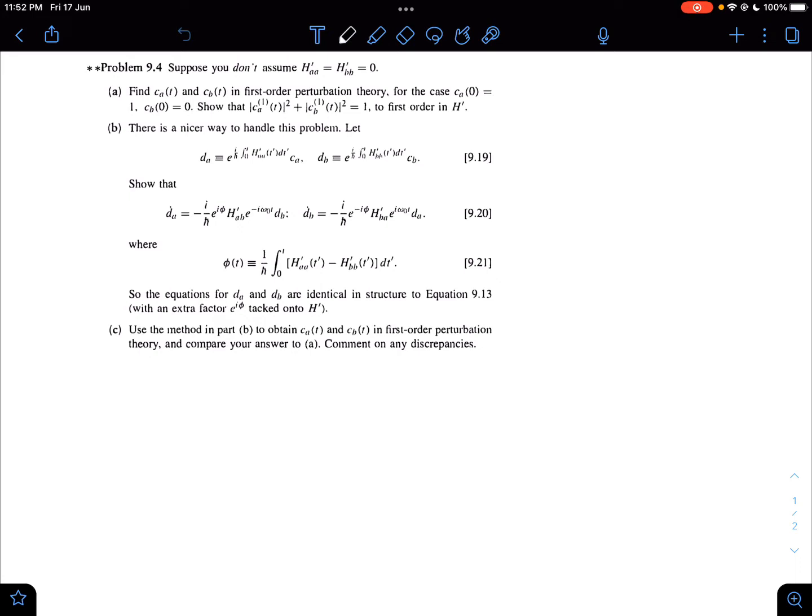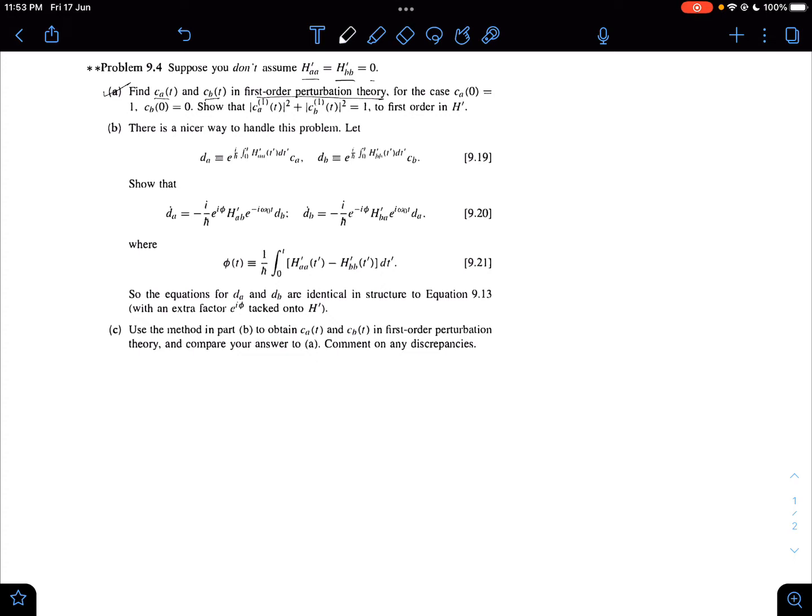This problem states that you don't assume H_AA prime and H_BB prime to be zero. In the previous video, while discussing time-dependent perturbation theory, we generally assumed that the diagonal terms are zero. But if we don't assume them to be zero, then we have to find c_A(t) and c_B(t) in first order perturbation theory.